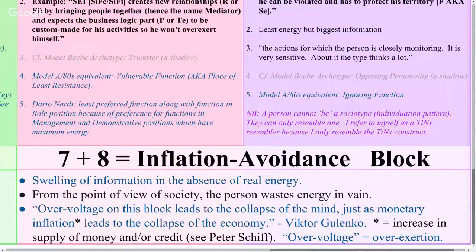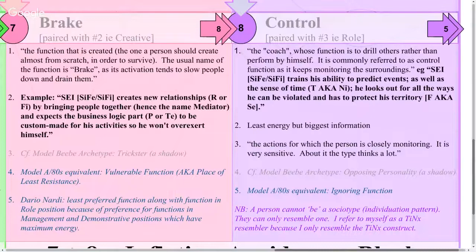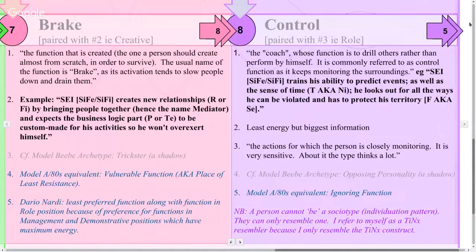So here's a little thing. Usually the break function is experienced as the weakest, but the control function has the lowest amount of energy, but it has a very high amount of information. And I'll get to that in a moment, where the ENFP actually does have a lot of information for NI stuff. They can see how things are going to develop and pan out.